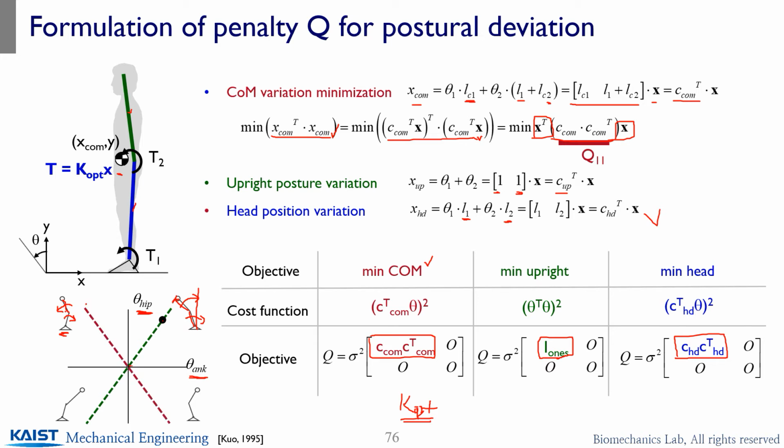In that case, this trajectory will demonstrate the minimization of the center of mass deviation. So that's what we are going to look at, the joint coordinate perspective of the solutions obtained from three different objectives in the next slide.